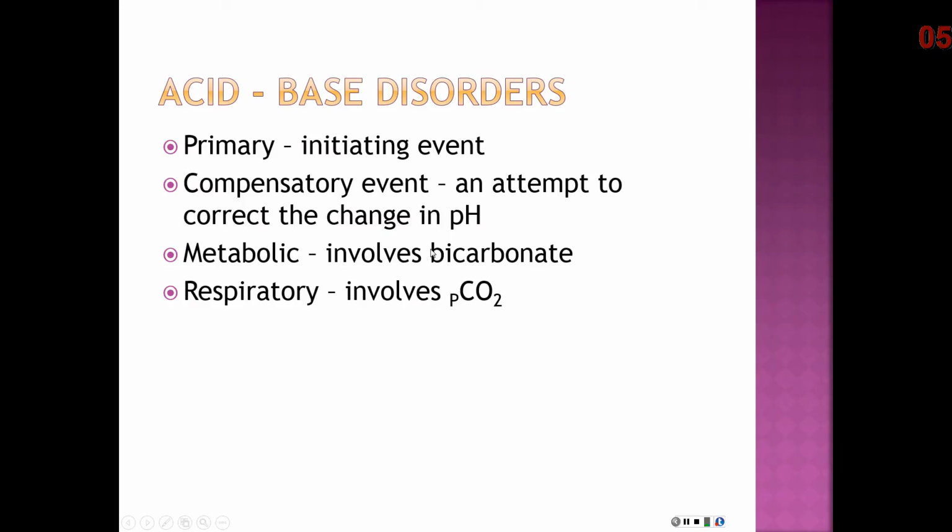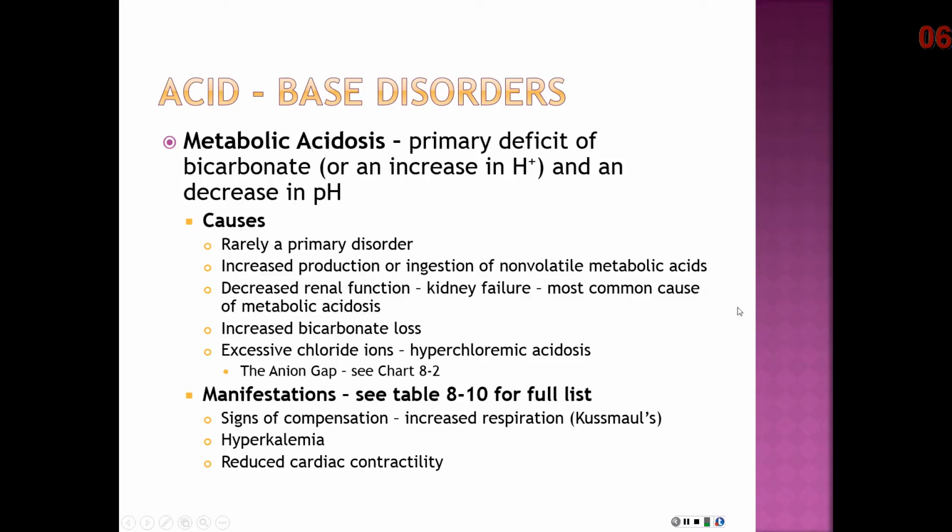Metabolic is the term we use for the kidneys' regulation of bicarbonate, and respiratory for the regulation of carbon dioxide by the lungs. So, looking at metabolic acidosis first, if it's metabolic, the primary problem is a deficit of bicarbonate or an increase in hydrogen ion that causes, either way, a drop in pH.